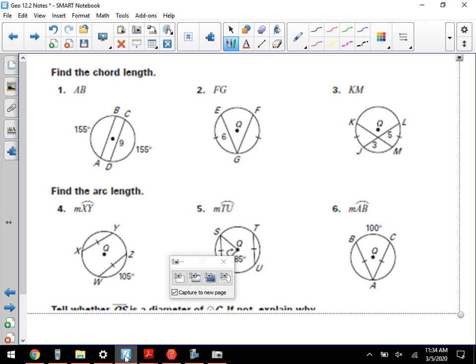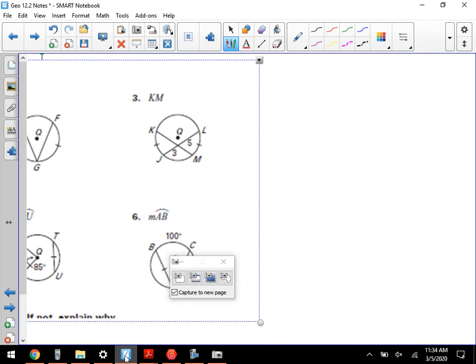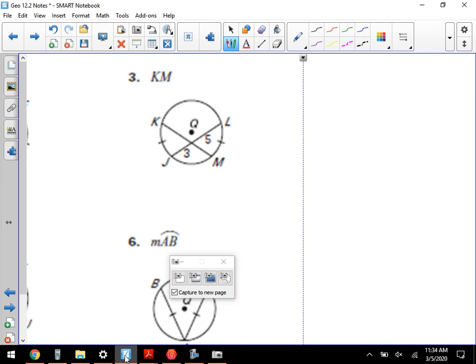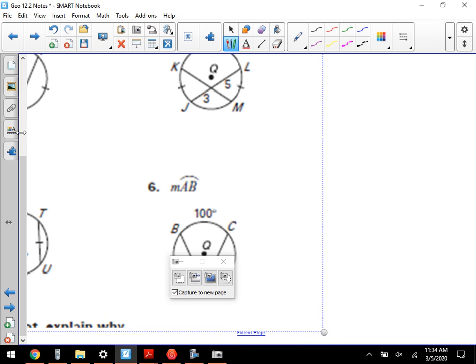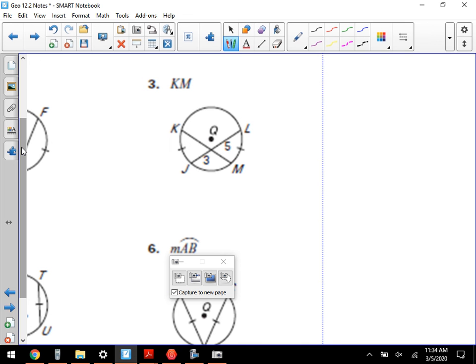The next one's a little bit weird. I'll just blow this up so you can see it better. But it doesn't say anything. So what you're looking for is figuring out what this segment is. Now that segment and this segment, they only run into one portion that's the same.